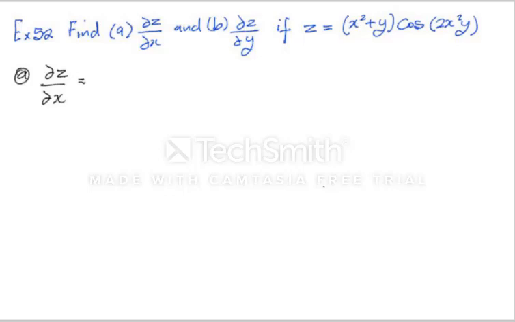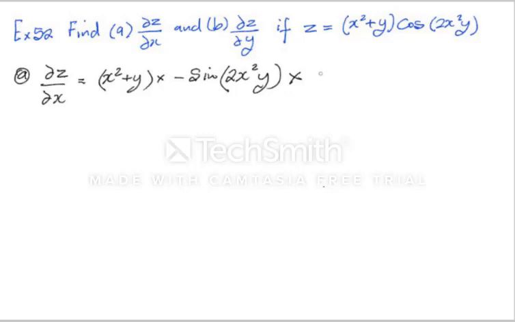Using the product rule, we will leave the first. So that is x squared plus y. Leave the first. Differentiate the second. Differentiate cos to get minus sine. So it's times minus sine 2x squared y. And for chain rule, we multiply by the differential of the inside function. The inside function is 2x squared y, and we're differentiating that partially with respect to x, treating y as a constant.